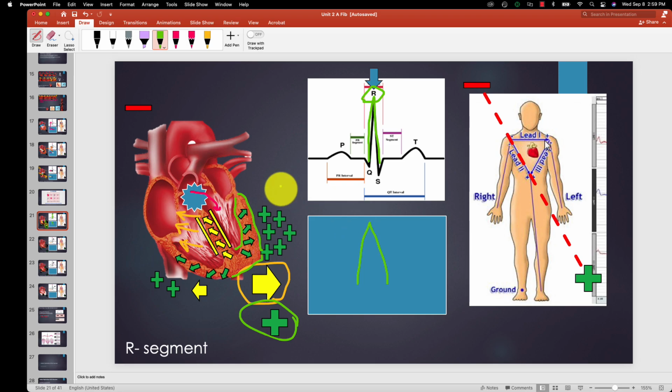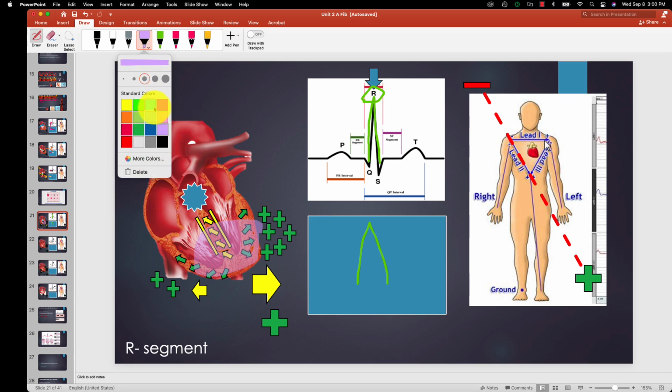All right, so the R wave is representing the ventricle contraction, but it's representing more of this medial area. So let's highlight this, let's do this color. It's representing more of this medial area, right? So I want you to say that the R wave is representing medial ventricular contraction. And you're like, well, what the hell does that mean?